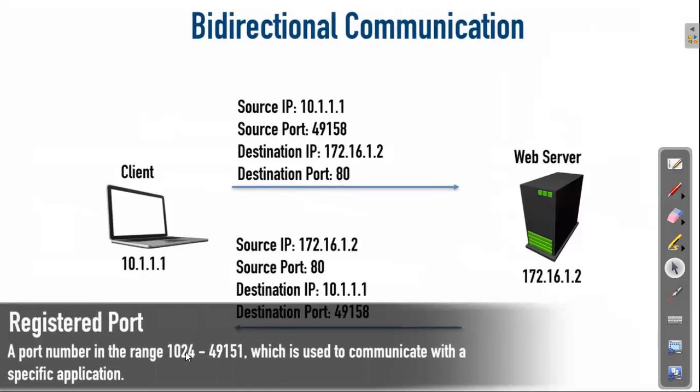It comes between 1,024 and 49,151, which is used to communicate with a specific application. So these ports are called registered ports, but this is not a registered port, right? 49,158.